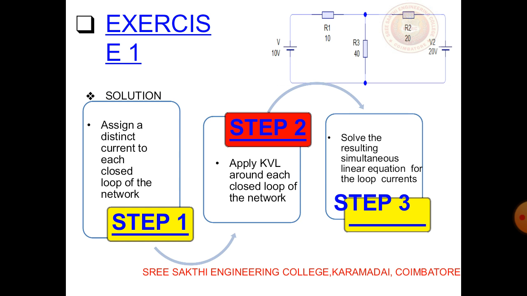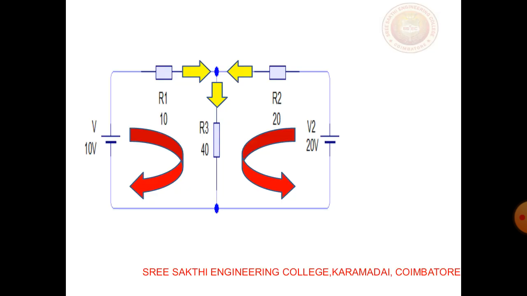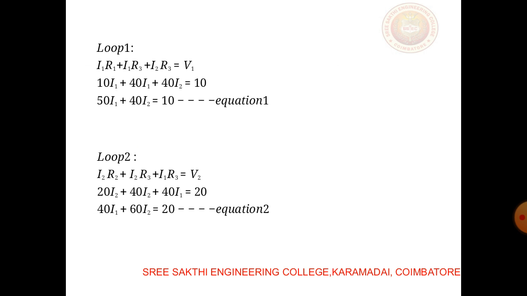So this is the step. First, I have applied the current directions: the first current direction is like this, and the second is for the second loop. Then write the equation according to the current direction. You know how to write it, I into R1, I into R2.